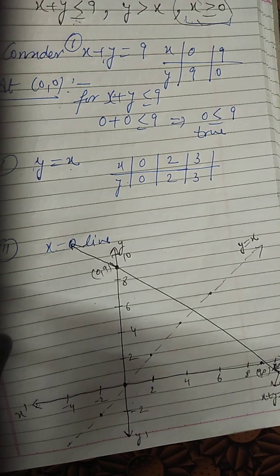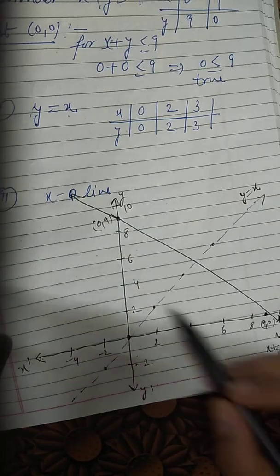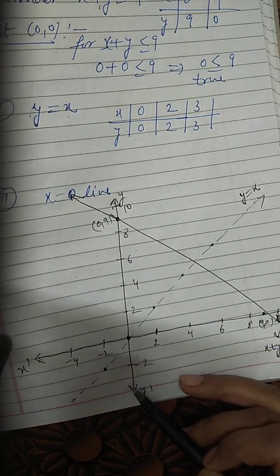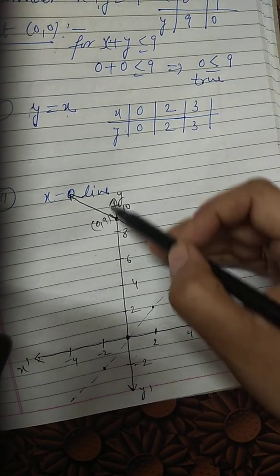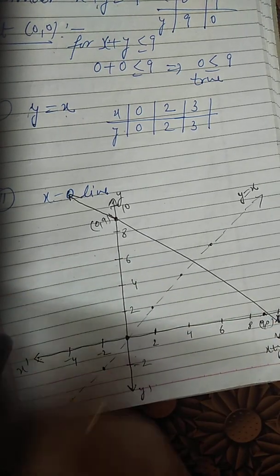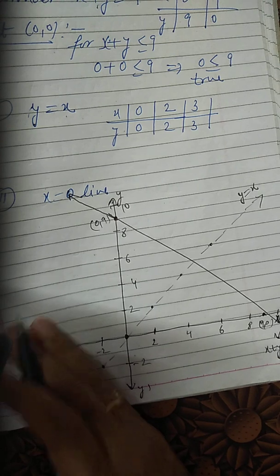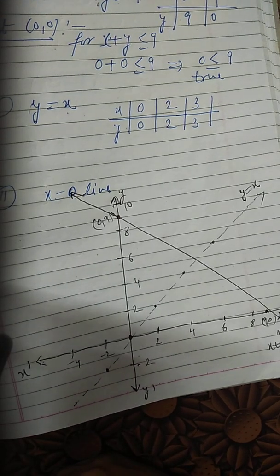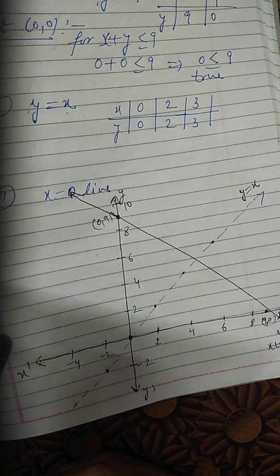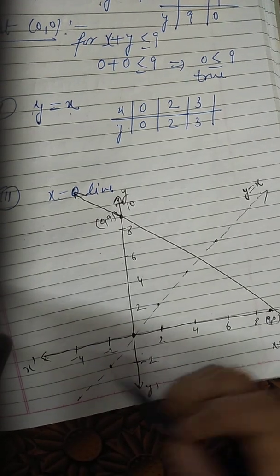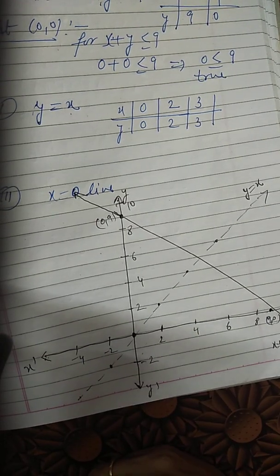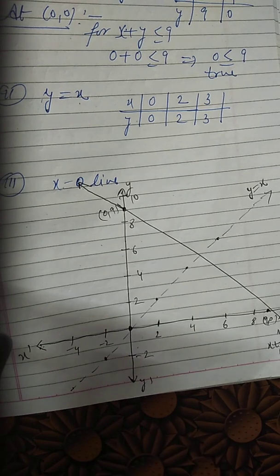That we have to take care of. Why so? Because the x equals 0 line is the y-axis. So our solution is bounded by the y-axis, so it will not cross to the second quadrant, that is for sure. And x is greater than or equal to 0, so it will not take any negative value of x.